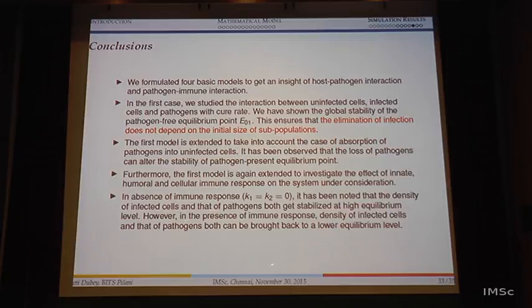And further the first model is extended to investigate the effect of innate, humoral and cellular immune response on the system. When there is no immune response, the density of infected cells and pathogens gets stabilized at a high equilibrium point, and in presence of immune response the density of infected cells and that of pathogens can be brought back to a lower equilibrium level.